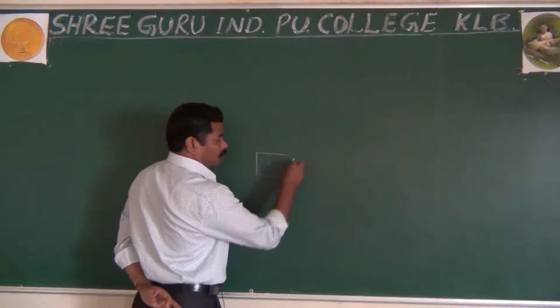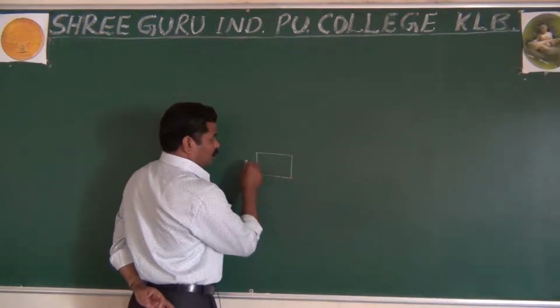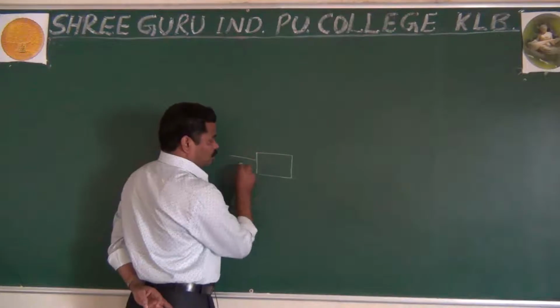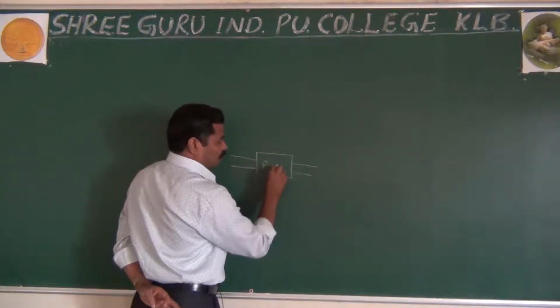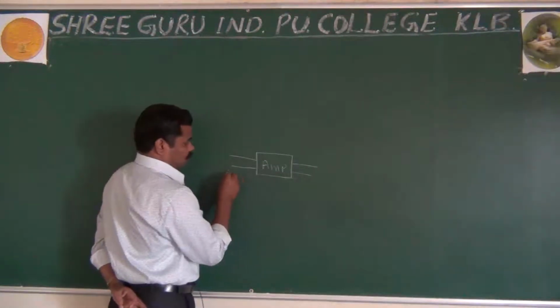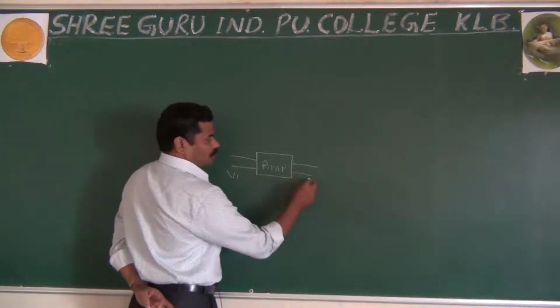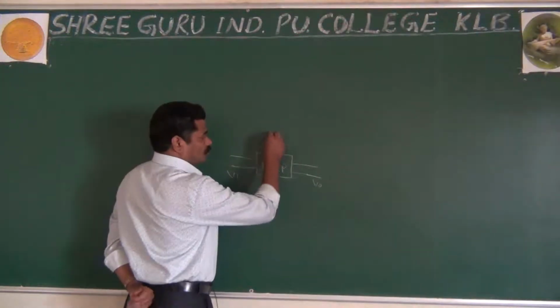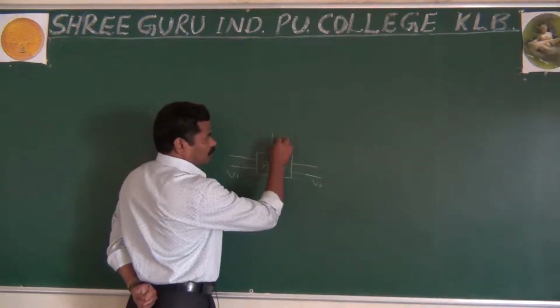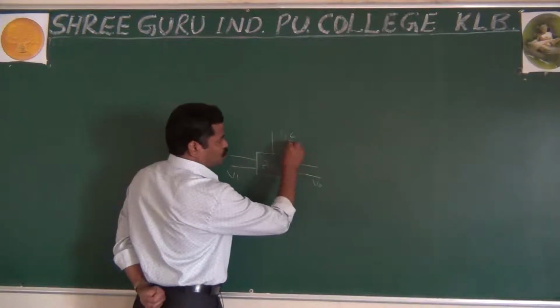In this amplifier, as we know, you have the input section and the output section. This is your VI, this is your VO, and you are also applying the DC source.